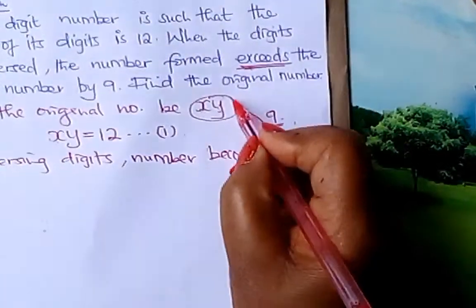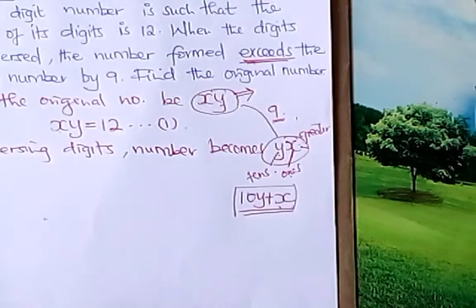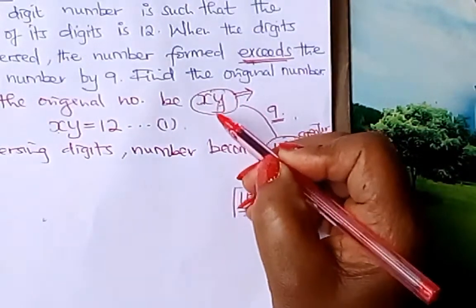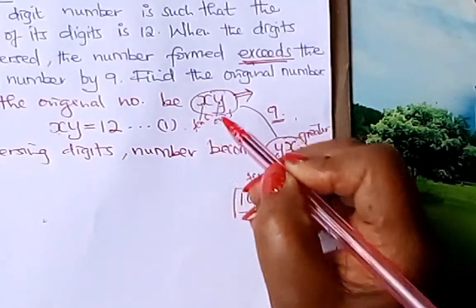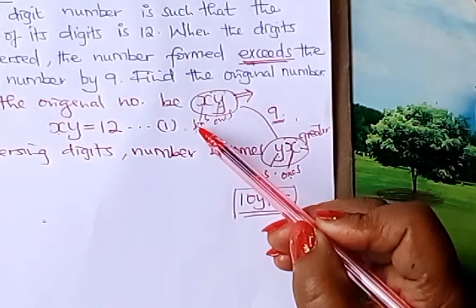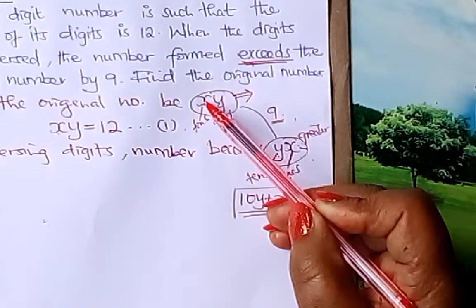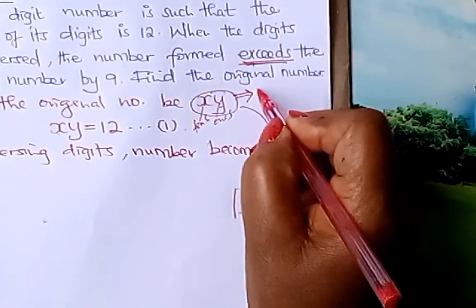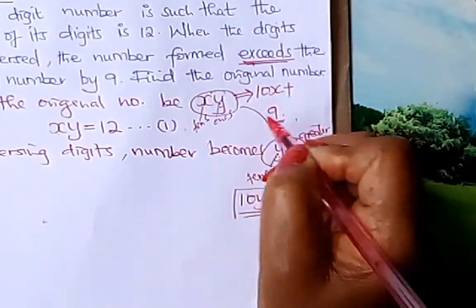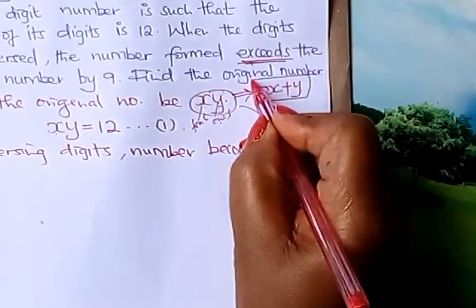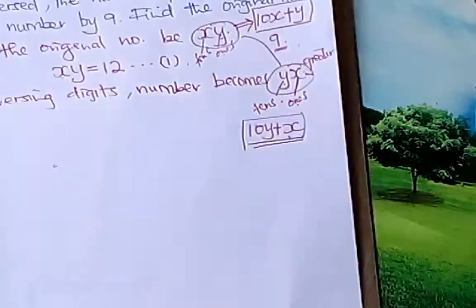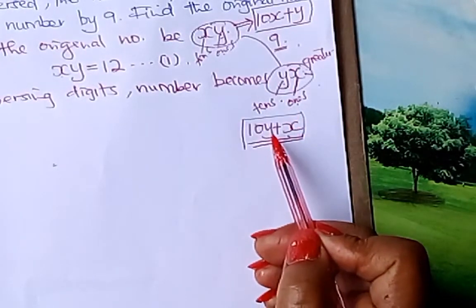We go to this other one. What will be the total value? This is in the ones digit and this is in the tens digit. So the total value will be 10 times x, 10x, plus 1 times y, which is y. So 10x plus y. To show this difference, you use the total value.